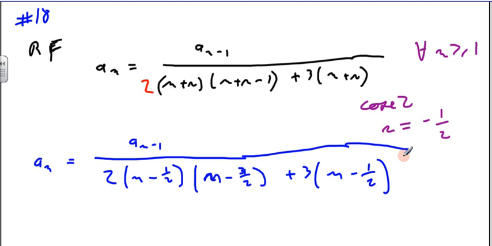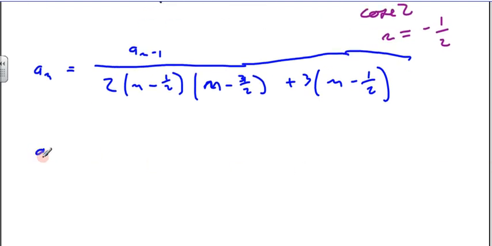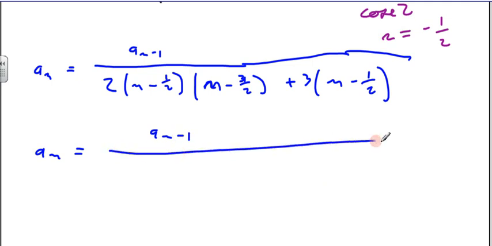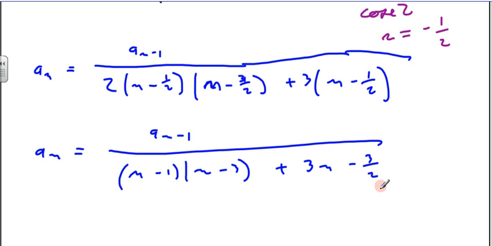And, all right, well, we probably should simplify that. a_n is equal to a_(n minus 1) divided by, multiplied by 2, I had n minus 1, n minus 3, plus 3n minus 3 over 2.